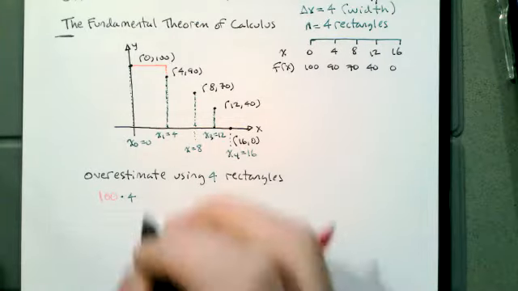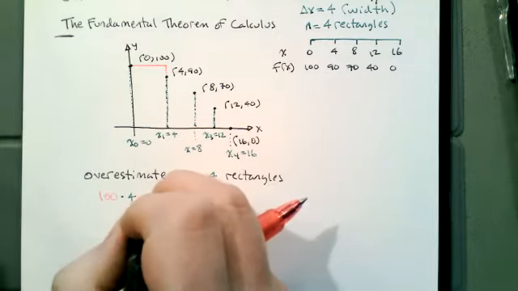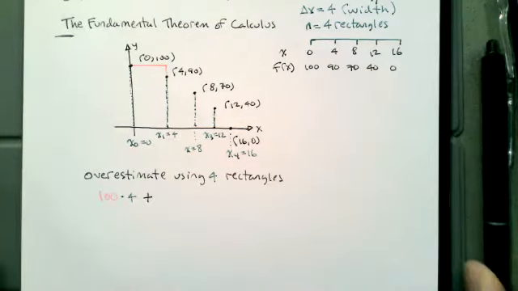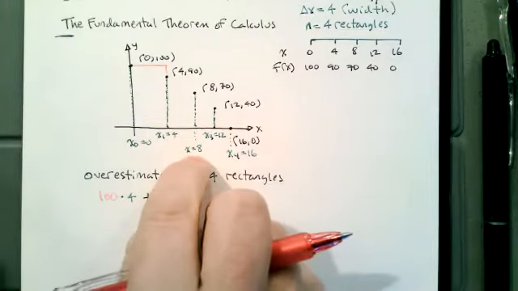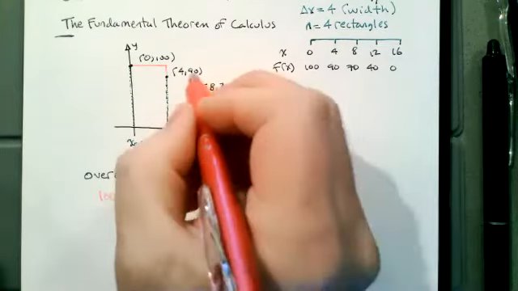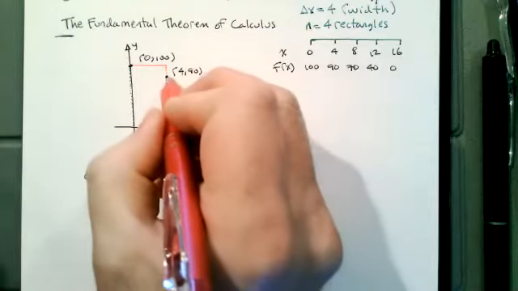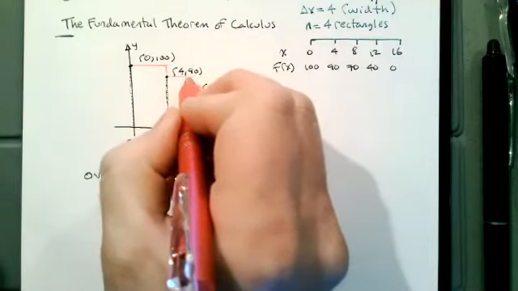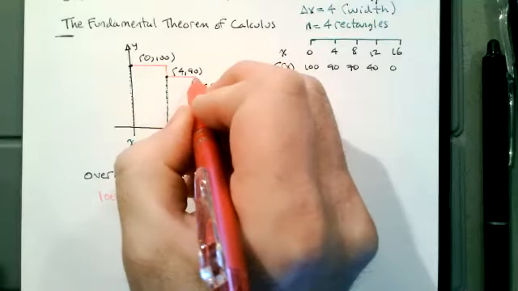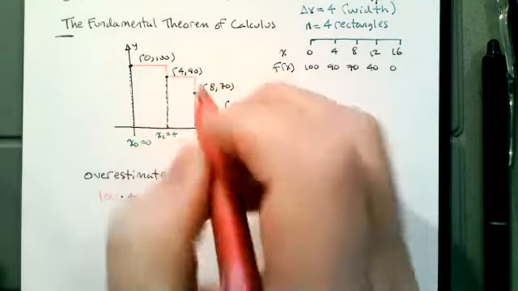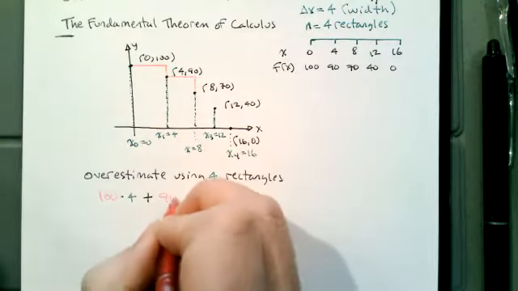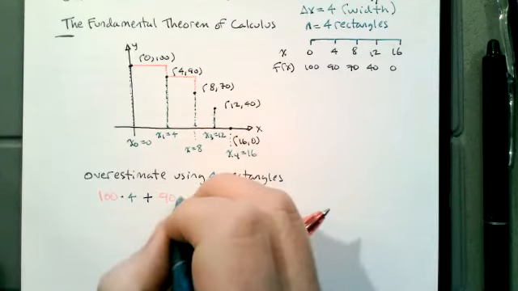Then I'm just going to add, because integration is just an addition problem. And then for my next rectangle, between 4 and 8, I can use 90 or 70, and I'm going to use 90 because I'm going for an overestimate. So I'm going to use 90 times the width of 4.